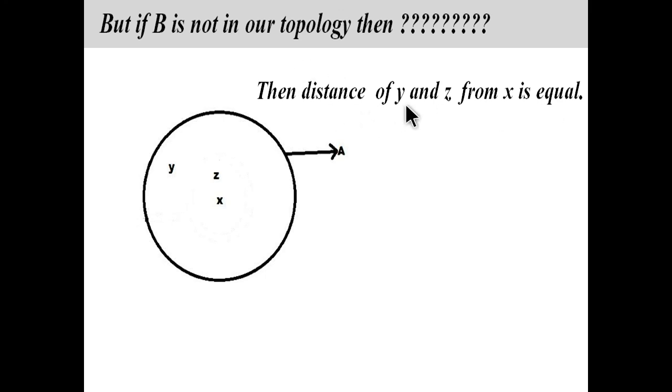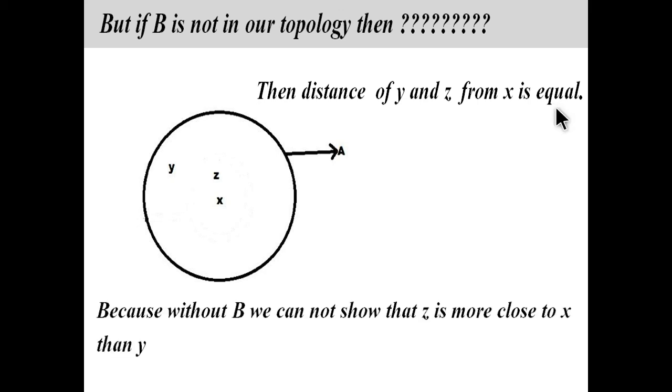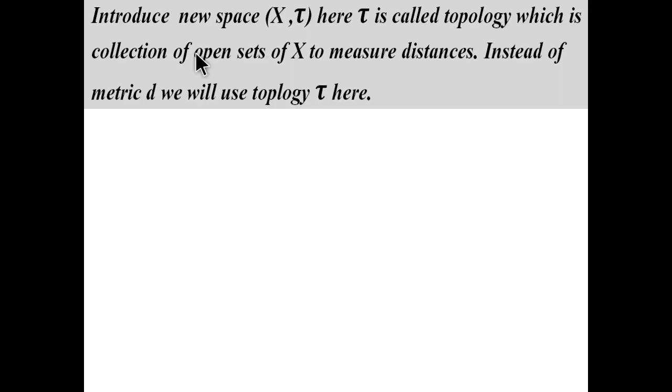Therefore, the distances of y and z from x are equal in this case, because without B, we cannot show that z is closer to x than y. We introduce a new space (X, tau), where tau is called the topology, which is a collection of open sets of X, to measure distance. Instead of the metric d, we will use topology here.